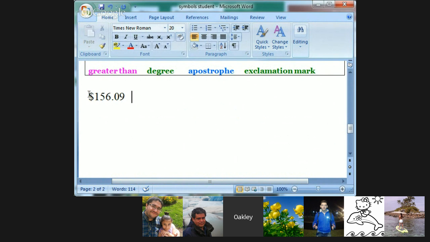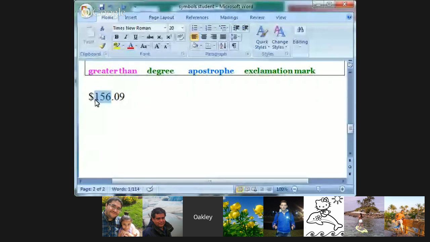Dollars. American currency. Oh, 156.9 dollars. Well, nice. I threw a little curve at you. $156.